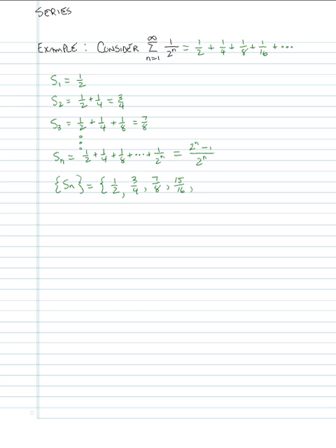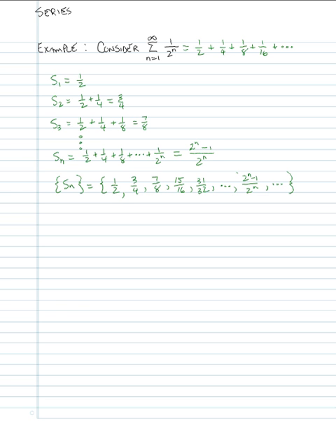The entry after that, I believe, will be 31 over, let's see, 1, 2, 3, 4, so it would be the fifth entry, and that will be 31 divided by 32. And this is going to continue. Of course, the nth term here is actually 2 to the n minus 1 over 2 to the n, and it continues infinitely.